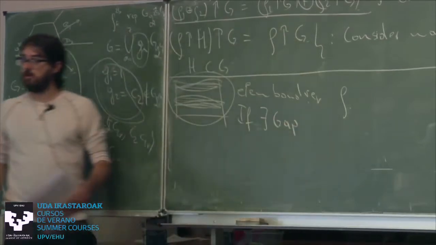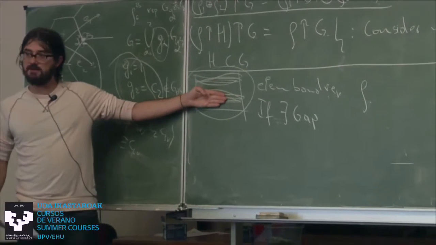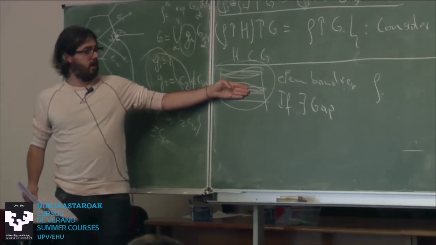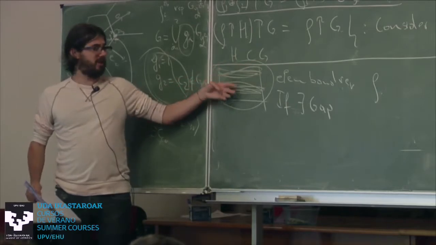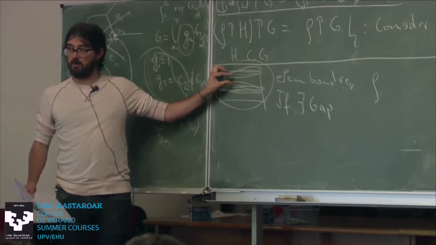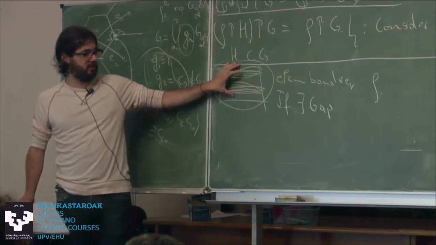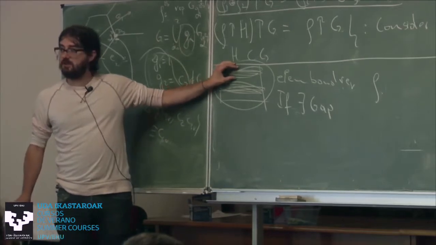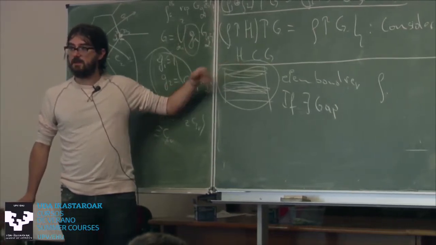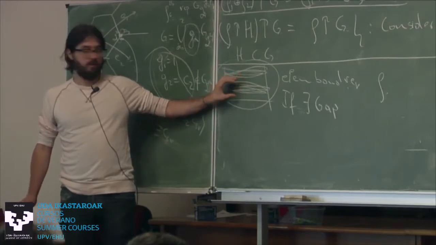then what I can do is take a projector and project into these bands and project into these bands. And fundamentally, projectors, when I have a gap, are local. So I'm able to derive a Hamiltonian, which is just the full Hamiltonian projected into these bands, plus the full Hamiltonian projected into these bands. And that's going to be a local Hamiltonian, each of them, because the projector has a gap.